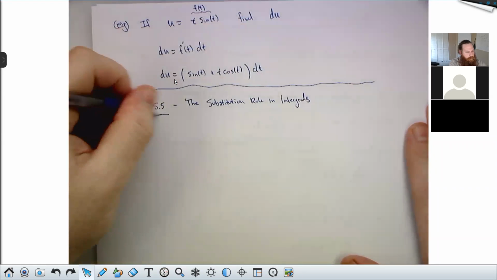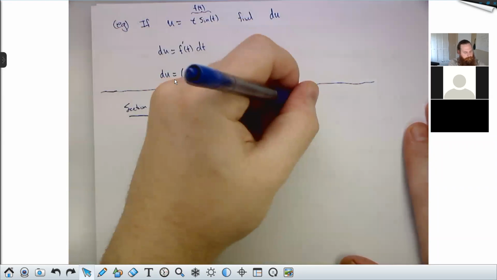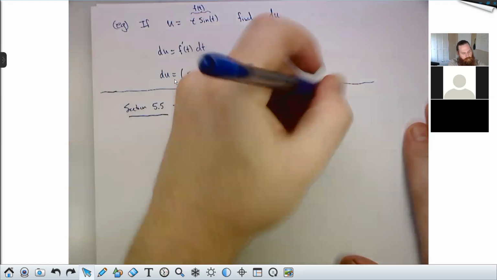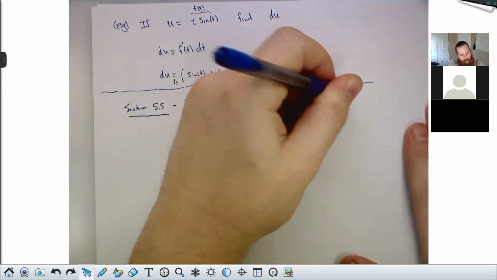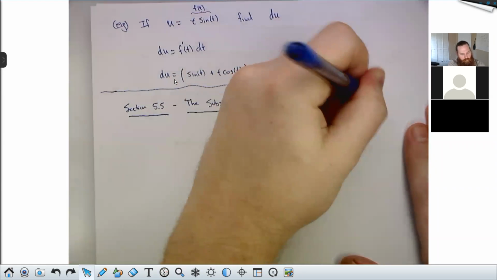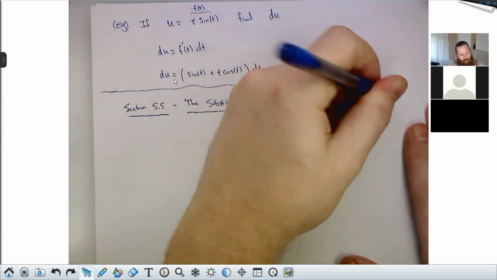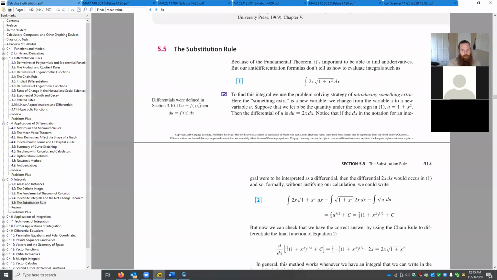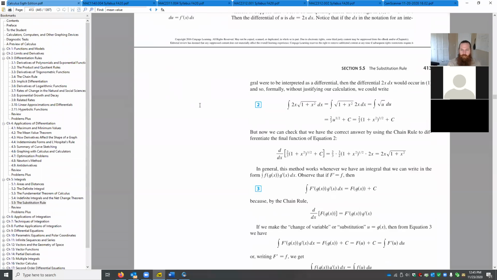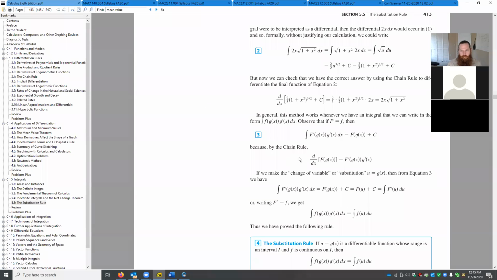The easiest way to think of this is the backwards chain rule. So I'll first write down the rule, and I want to use the exact notation that they use in the textbook. So hopefully you've taken some time to read this.